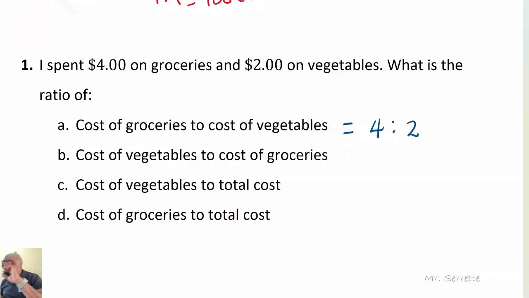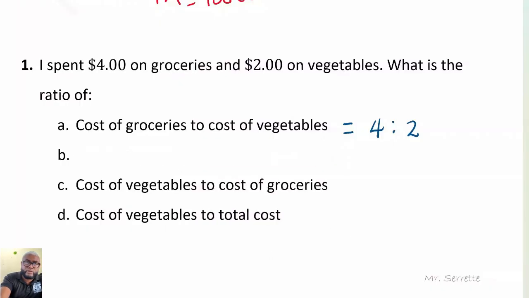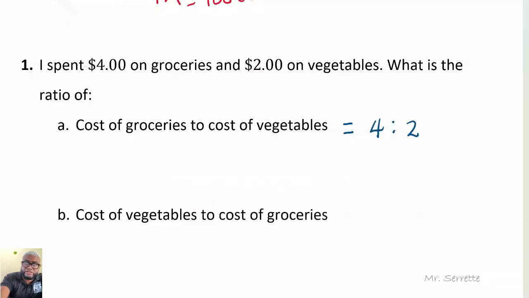Now there's a clear message above which states that ratios can be reduced just as fractions. So 4 to 2 can be reduced to what? Right, watch it. 2 into 2 is 1, and 2 into 4 is 2, so this ratio can be read as 2 to 1.